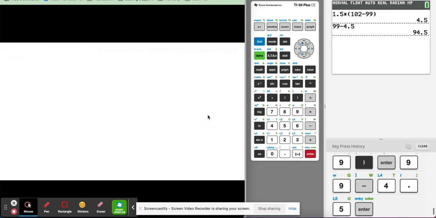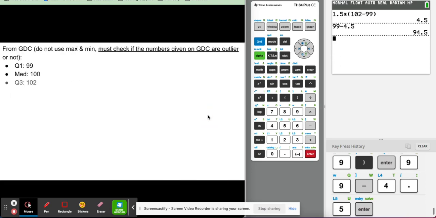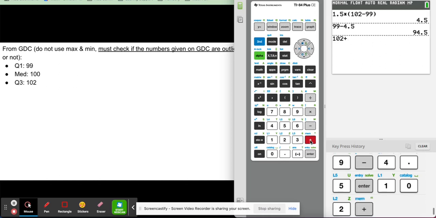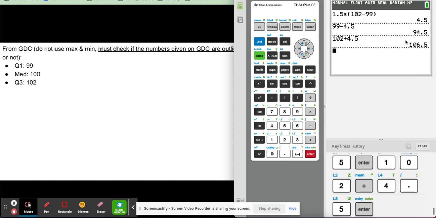Now let's look at whether there's an outlier on the other side. On the other side, we have our Q3, 102, this time plus 1.5 times the interquartile range, which is 4.5. Now we have the value 106.5.